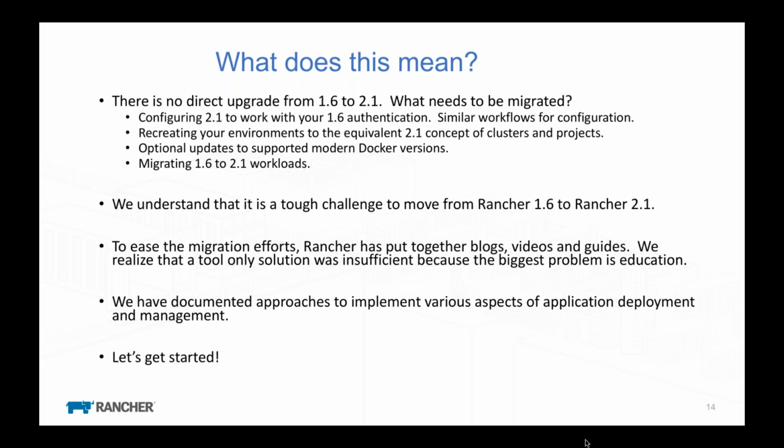With 2.1, you get the whole RBAC solution, so it's a lot better than 1.6, which had static roles. In 2.1, you get to custom create the roles and permissions, and then assign them individually at a cluster and project level. So there is some unique added value on top of the 2.1 platform.